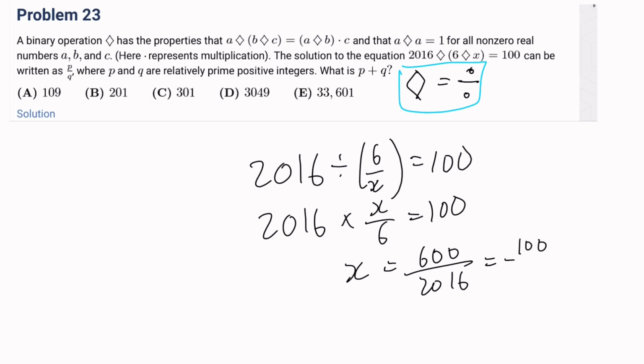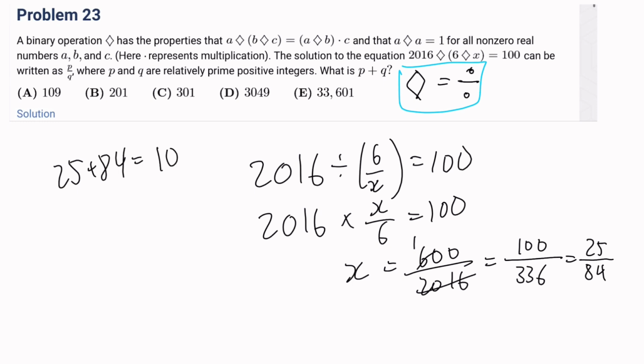Then that will be 100 over 336, and this equals, let's divide this by 4 again, so 336 divided by 4 is 84, right? So it's 25 over 84, so 25 plus 84 equals 109, so the answer is A.